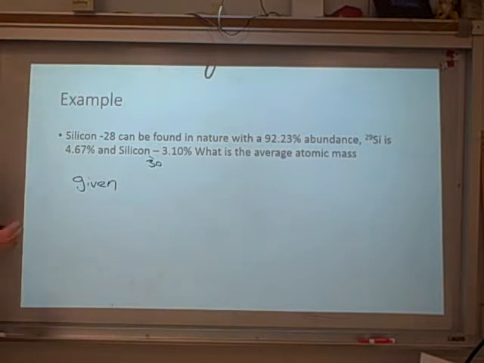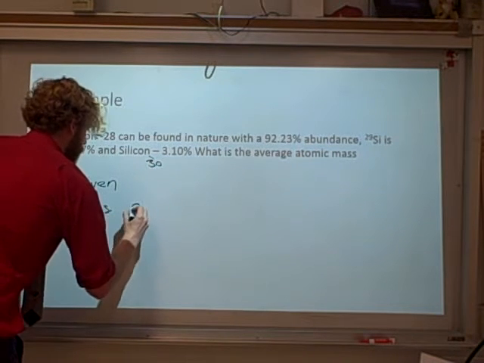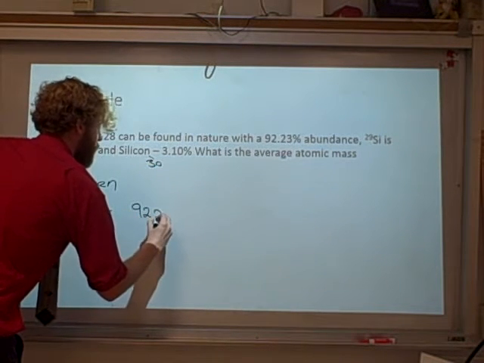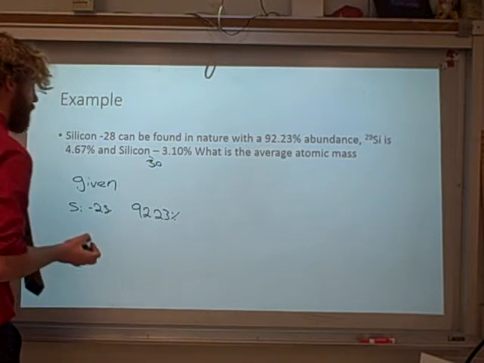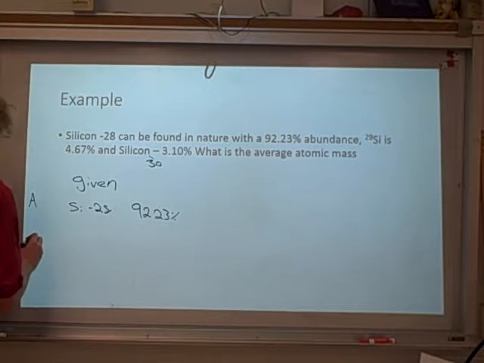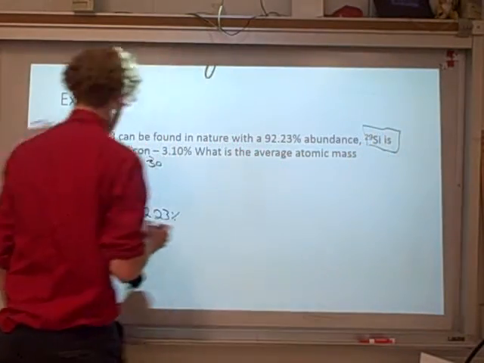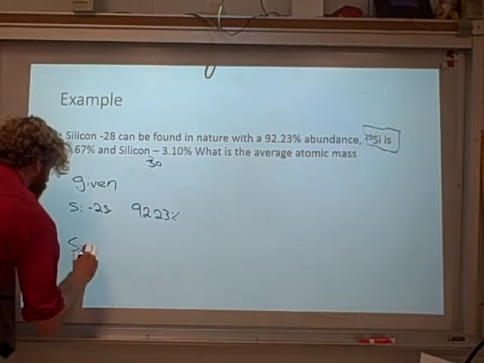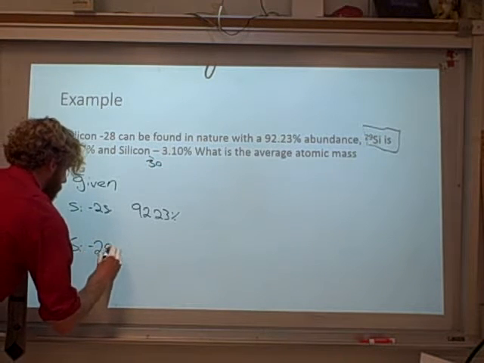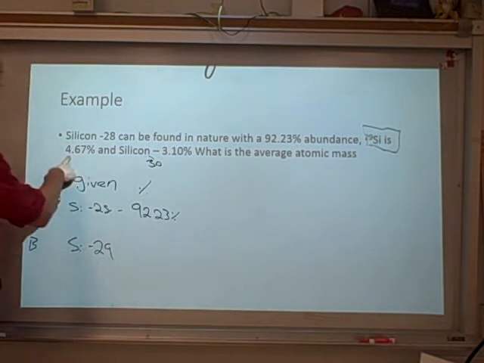So we know that silicon-28 has 92.23%. Another version of the silicon isotope, version B, is silicon-29, so Si-29, and its percent is 4.67%.